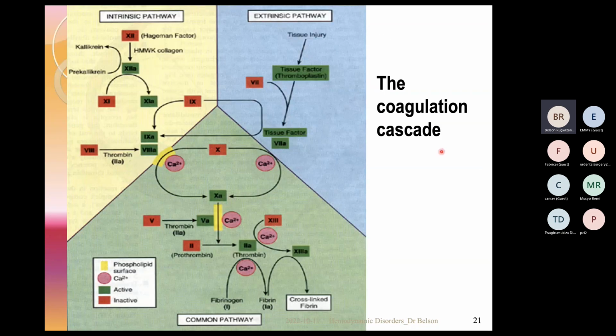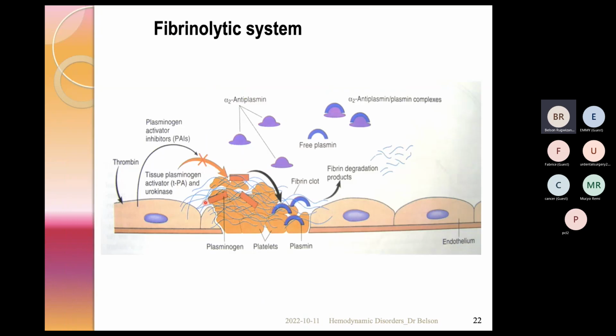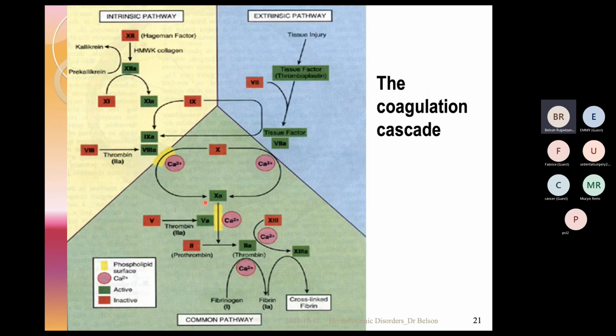So this is a coagulation cascade, as you know, an extrinsic pathway and intrinsic pathway. You have seen the details in normal hematology, but it comes here to just remind you where the thrombus comes from.